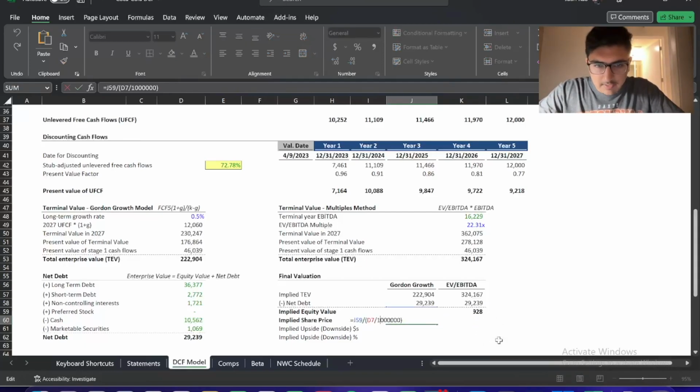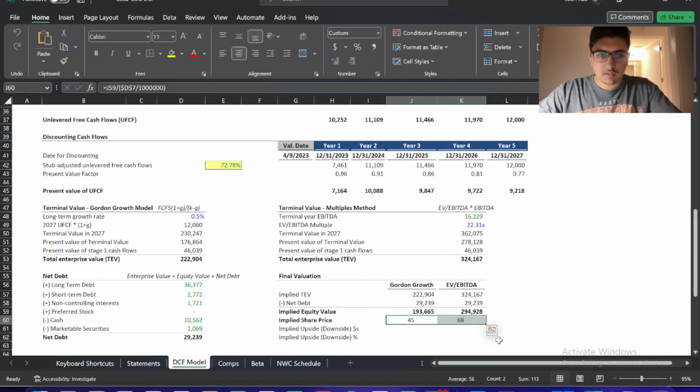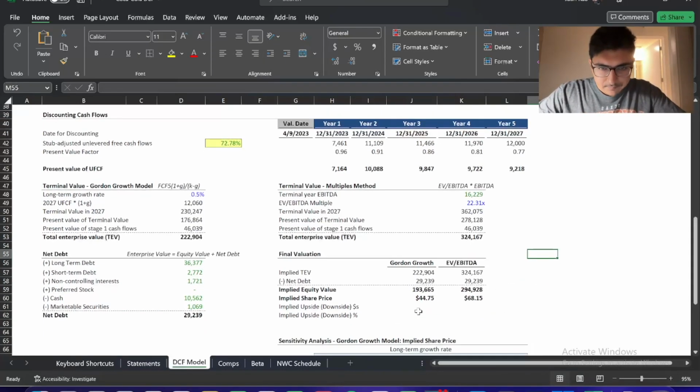Oops, sorry. I need to lock that reference, don't I? Yep. And we can convert that into currency format. Oops, I'm messing up my shortcuts here. Control-Shift-4. There we go. Let's bold that. So these are implied share prices.